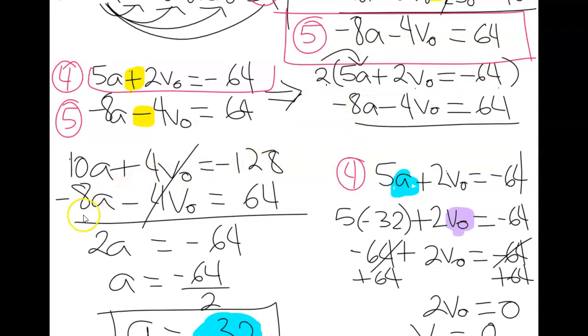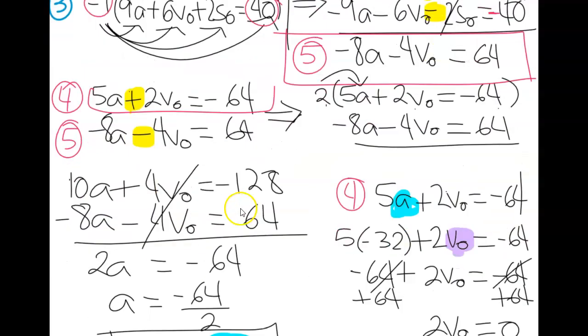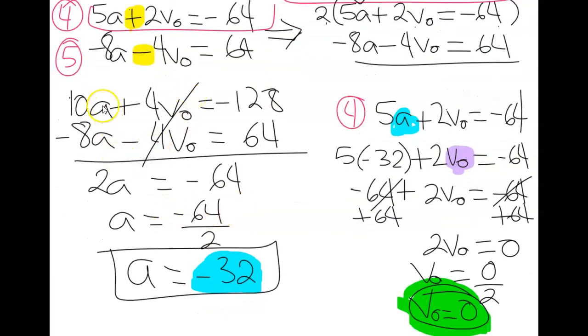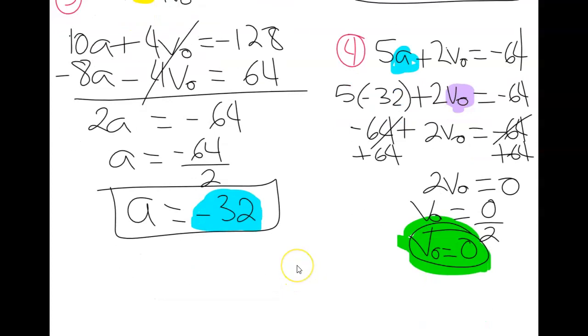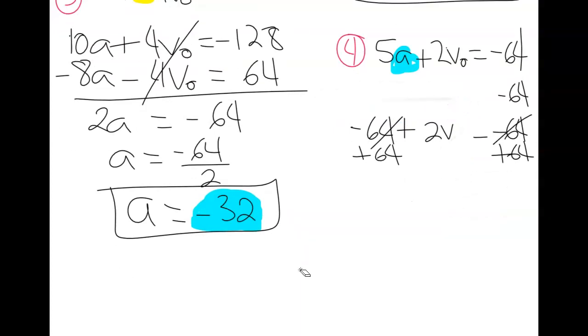Okay, then nothing changed to this, and we got 2a equals negative 64. So a is correct. I know that for sure. So let's see. The error could be here because we know that v sub 0 is not 0. So let's see. It must be somewhere here.